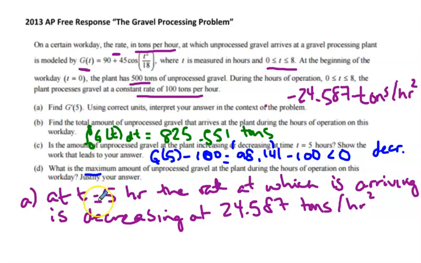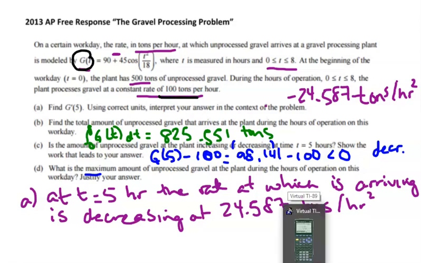So what I need to do is first identify the candidates. To identify the candidates, I need to set the derivative equal to 0. Well, the derivative in this case is going to be the rate in, g of t, minus the rate out of 100. And then we need to find where we have critical points on the interval from 0 to 8.